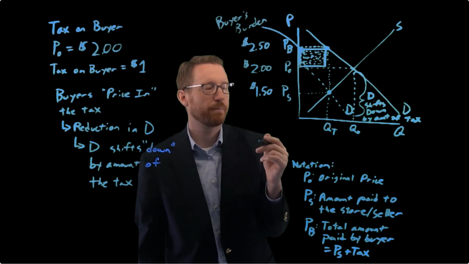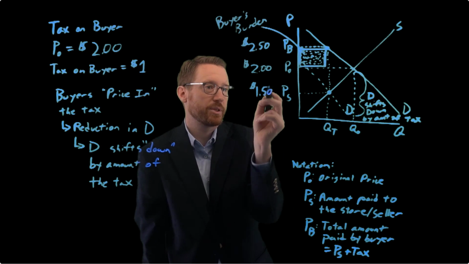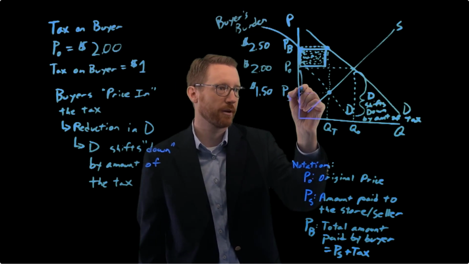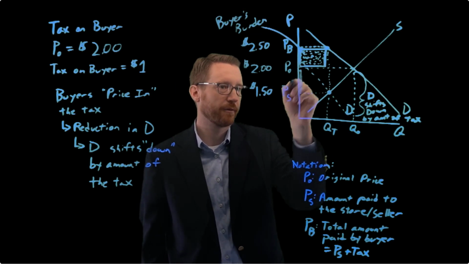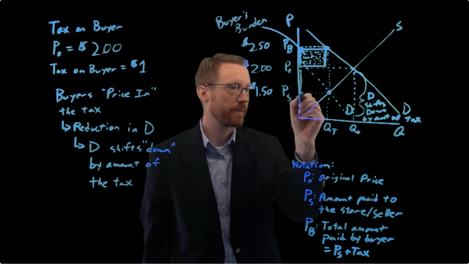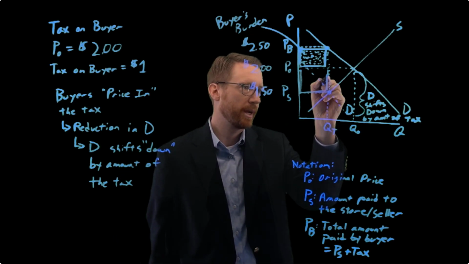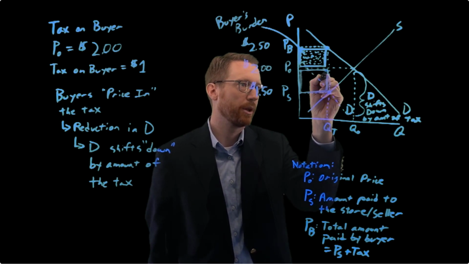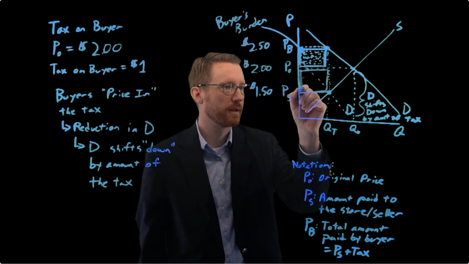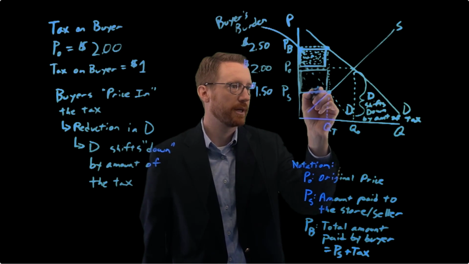Now, what about the burden that the sellers bear? They're receiving less than before, right? They're only getting $1.50 instead of $2, and that's true for every unit sold. So we have this other rectangle below the original price, this one in here.